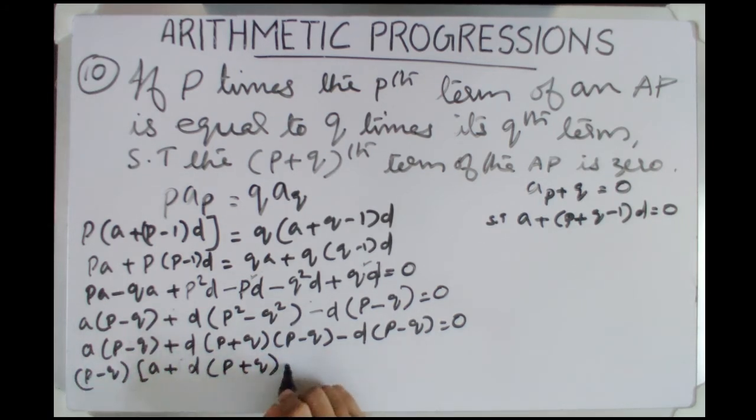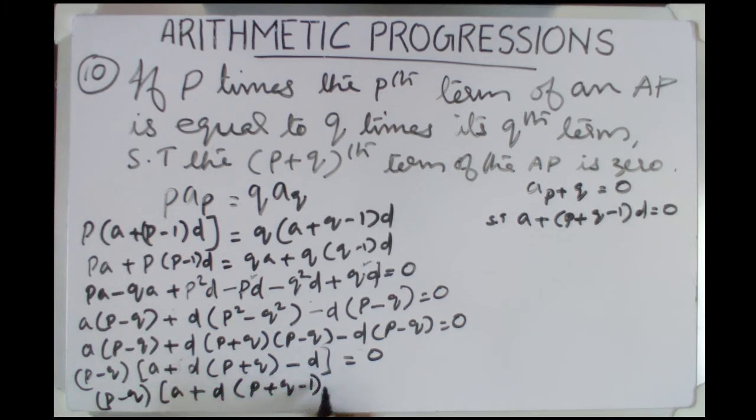Then here only minus d is left, with p minus q. That is equal to 0. Then (p minus q) into a plus, in these two terms d is common, so d comes outside: d into (p plus q minus 1), that is equal to 0.